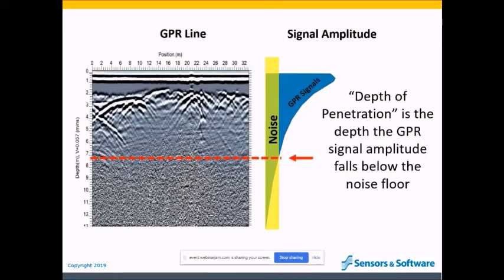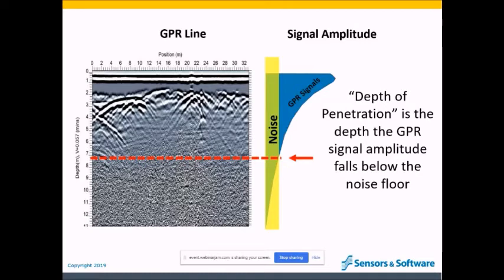In fact, external random RF noise is one of the main factors that limits GPR penetration depth. If you think about it, there's GPR signal buried in the noise. If we could eliminate or at least lower the background noise level, we would see GPR signals from deeper utilities.